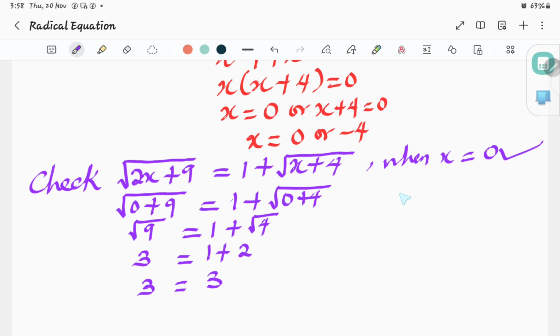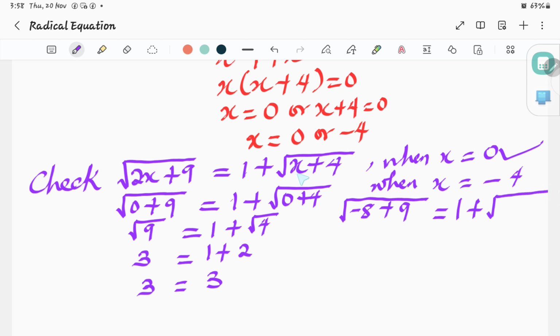So we can again check when x equals negative 4. Again, we substitute, we have square roots. If we substitute negative 4 here, 2 times negative 4 is going to give you negative 8, plus 9, equals 1 plus the square root of negative 4 plus 4, that's 0.